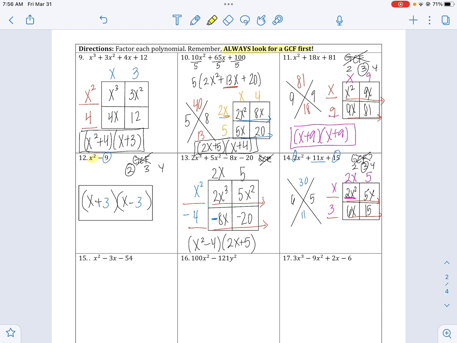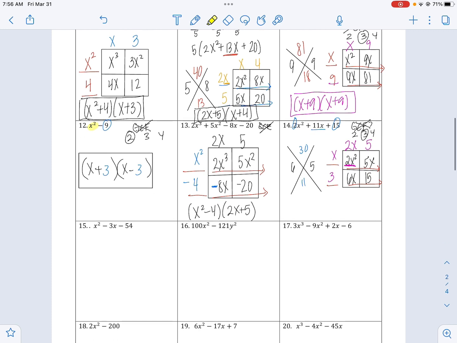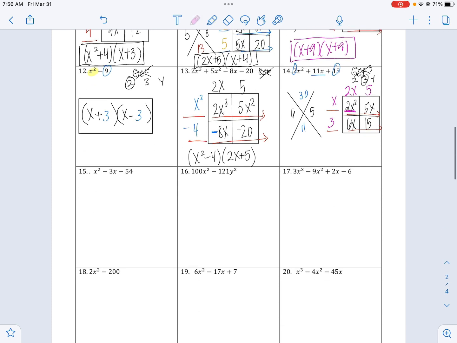Awesome. Let's go ahead and move on to number 15. So for number 15, you have to ask yourself, is there a GCF? No. 2 terms, 3 terms, 4 terms. All right, 3 terms it is. Let's go ahead and create our X. There we go.